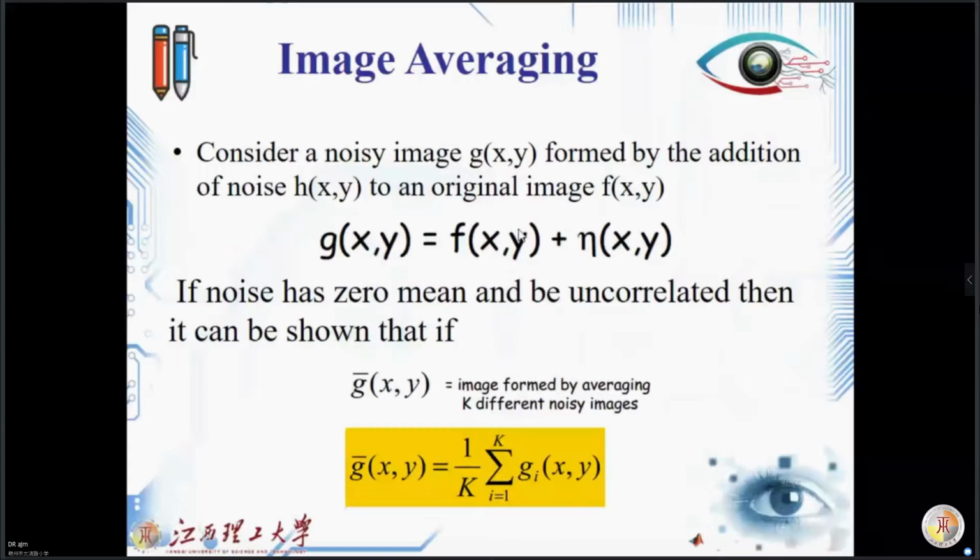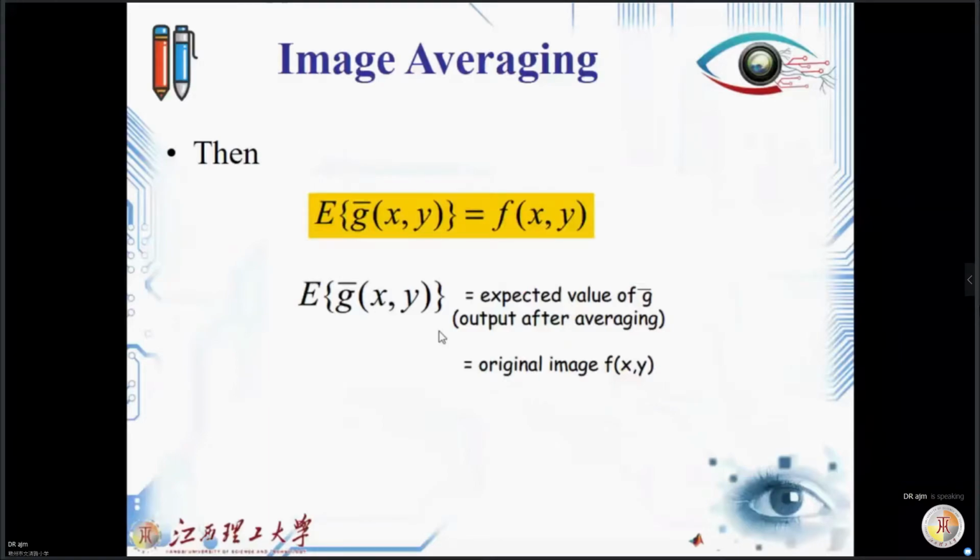From the mathematical point of view, we are searching for the expected value of g like this formula that I showed, and the output after this averaging should be the original image. These are some basics of how we can do image averaging and what we are searching for.